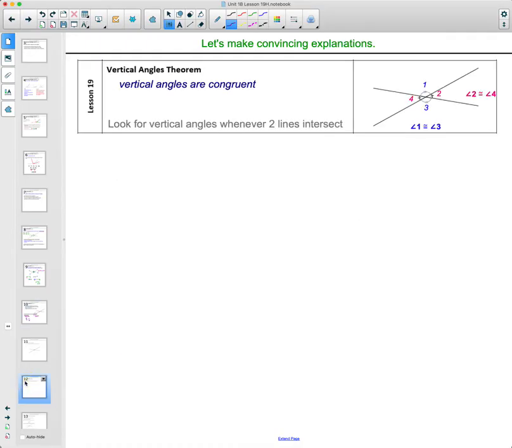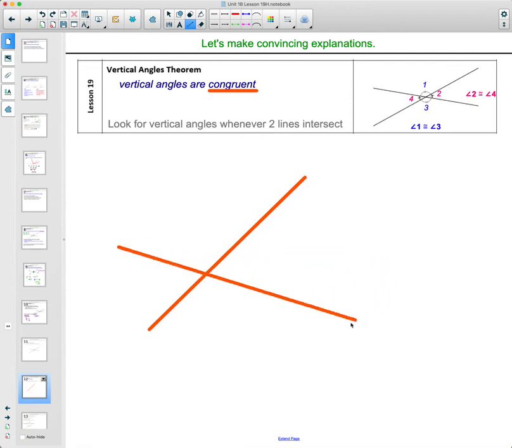All right, so looking at what we figured out today, we figured out the vertical angle theorem, and that is that vertical angles are always congruent to each other, or equal. Whenever you see two straight lines intersect, it doesn't matter what angle they intersect at, they're going to create a set of vertical angles.